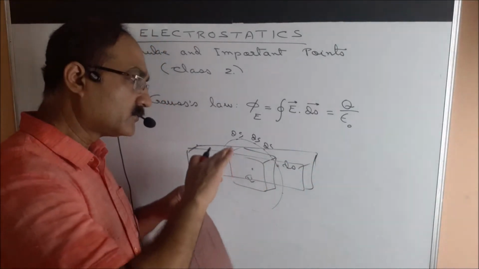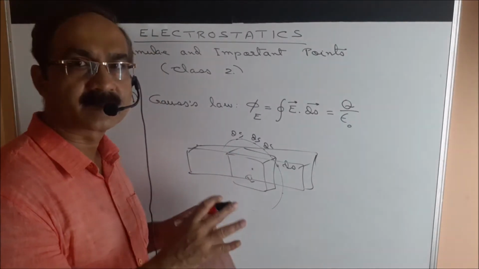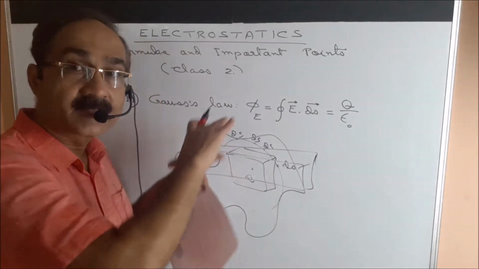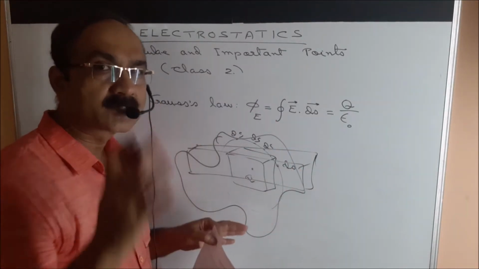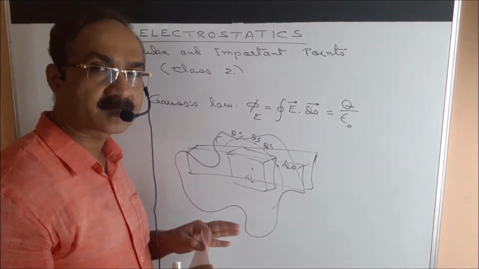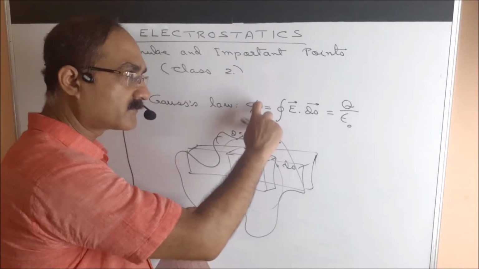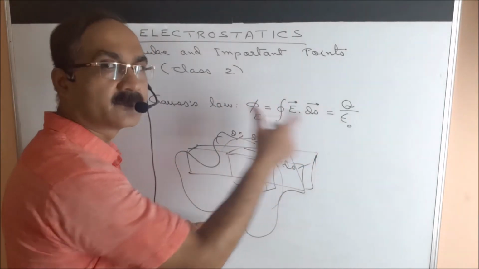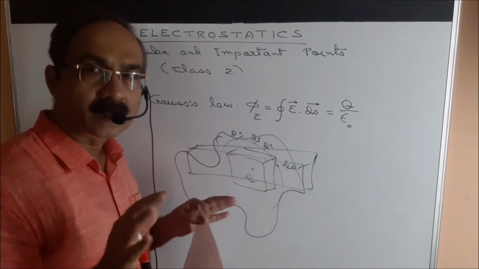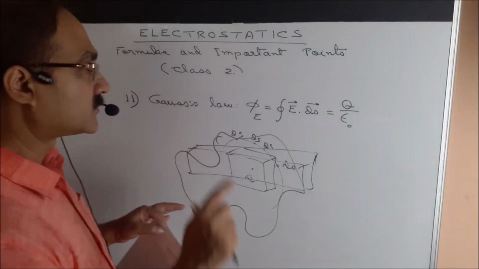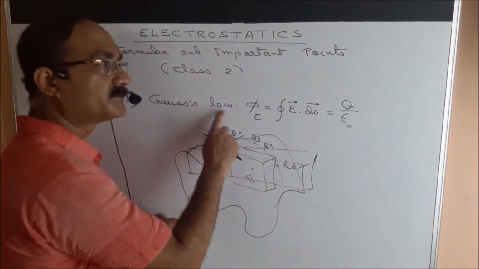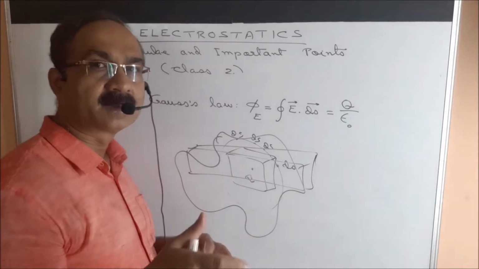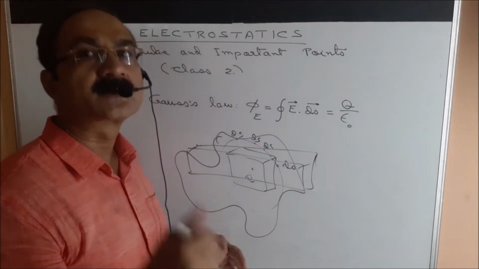Whatever be the shape of the surface, even an arbitrary surface in three dimensions, the total electric flux crossing this surface is given by this formula. So this is a very important formula for our theoretical work. This is a very important formula for our entrance questions.